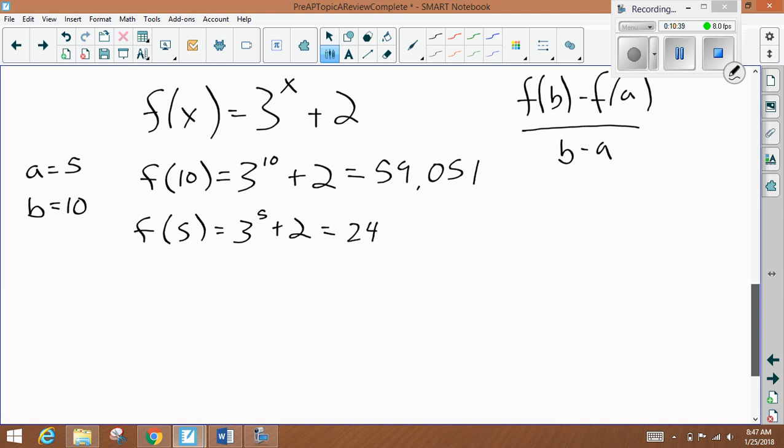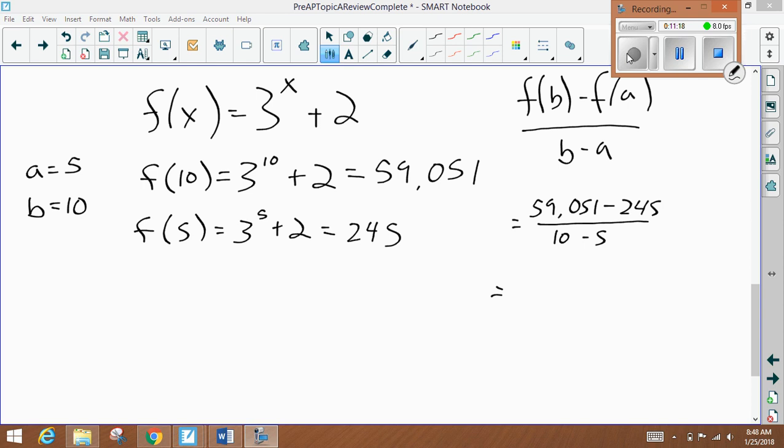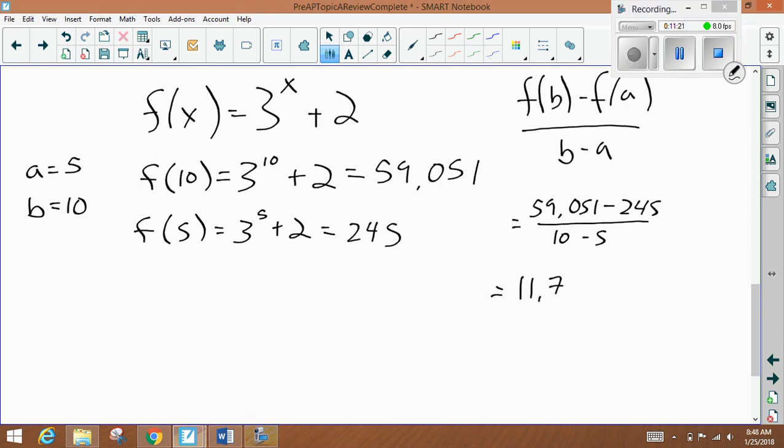And so now if I plug that into my rate of change equation, that's going to be equal to 59,051 minus 245 over B minus A. What is it? 11,761.2.